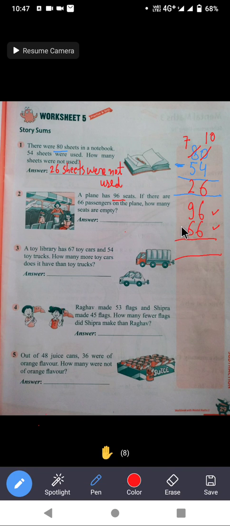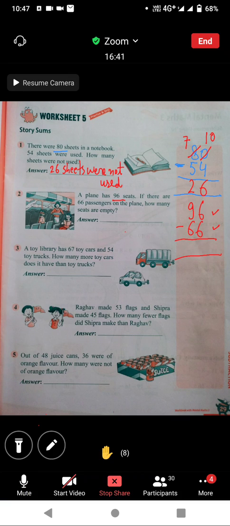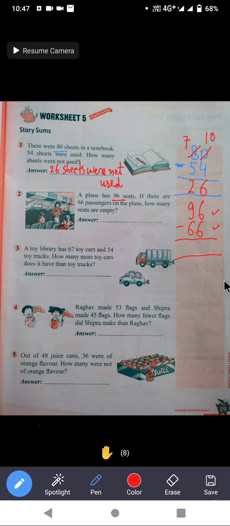So we will subtract this. 6 minus 6 is 0 and 9 minus 6 is 3. So on 30 seats people are not sitting. It means 30 seats are empty.